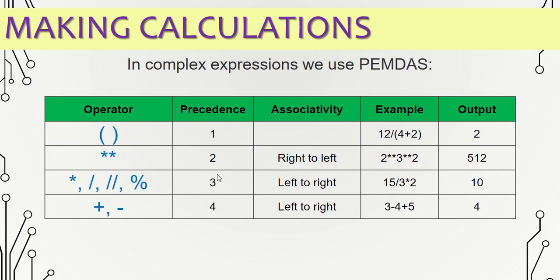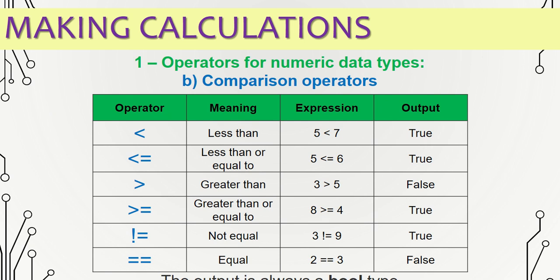Then in more complex expressions or mathematical operations, we have the same order as PEMDAS that you use in any math: parentheses, exponents, multiplication, division, floor division, and modulus, and then addition and subtraction, same as any math.